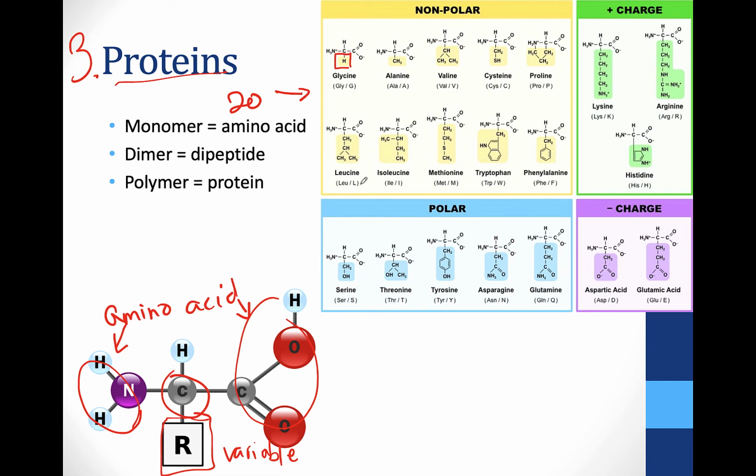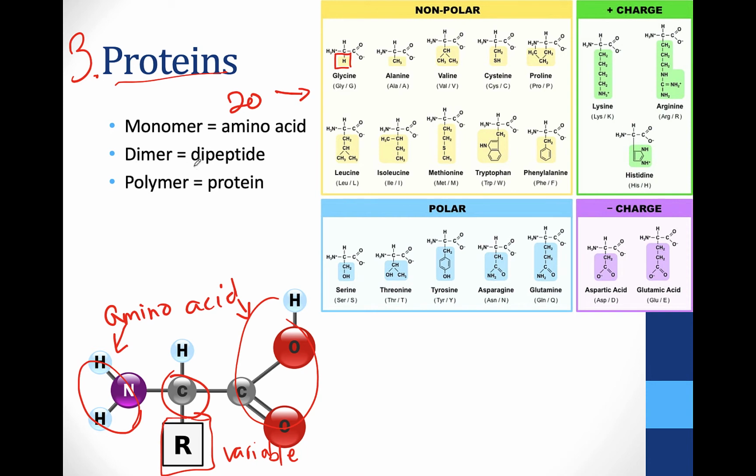So the ones in this yellow box tend to be nonpolar, meaning that they don't mix well with water. The ones in this blue box tend to be polar, which means that they do mix well with water. These purple ones have a negative charge. These green ones have a functional group with a positive charge. So all of that's going to give them different functions.